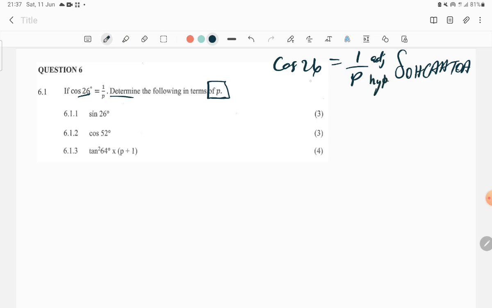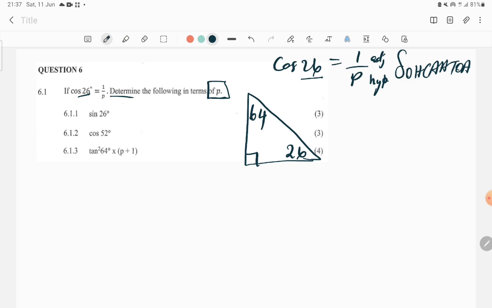So cos 26, if you have 26 here, just have your rough diagram. Then we know 26 here, we know 90 here, then here you have to have 64. This is going to be 64.